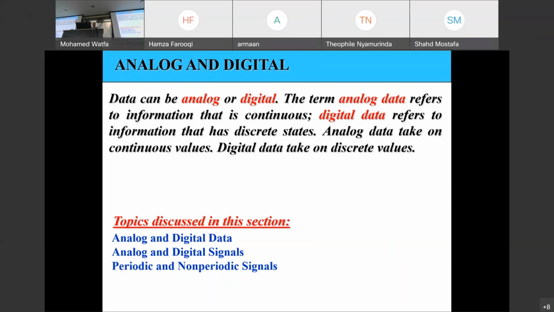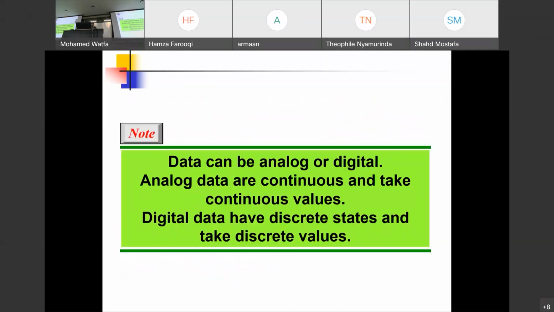Digital government, e-government, or e-health, even your healthcare, your insurance, everything is digital. So we're digitizing everything. So data can be either analog or digital. The signal can be either analog or digital. So we have either analog or digital data, analog or digital signal. So when I talk about analog, typically I'm talking about continuous.